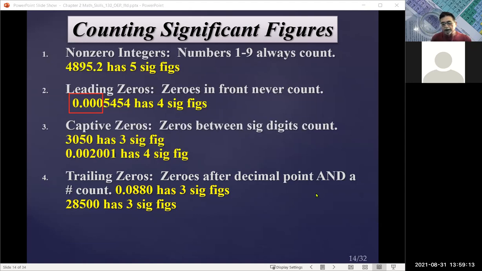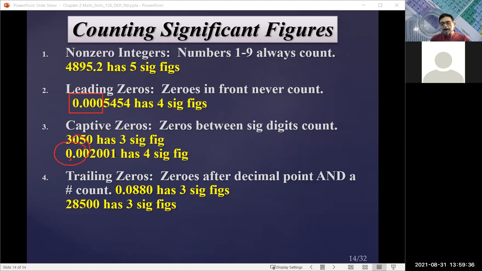One, you look at any zero, because as I just stated, numbers 1 through 9 are significant, so they count. But when you look at a zero, you ask yourself 2 questions. Let's use the example right here. Let's look at those 3 zeros.